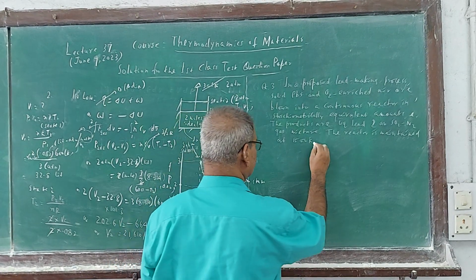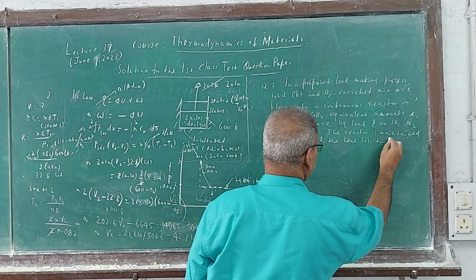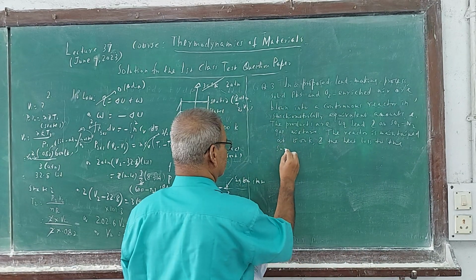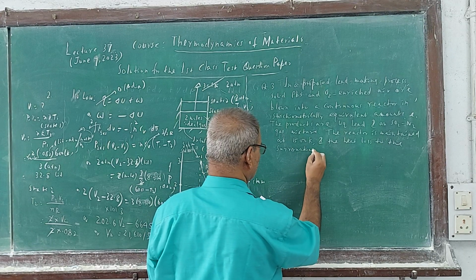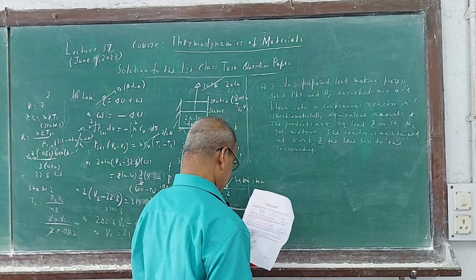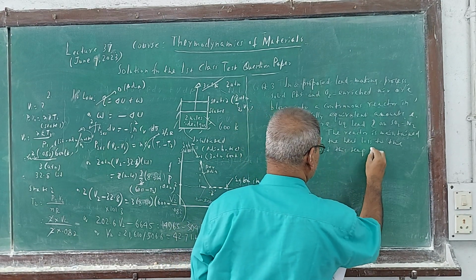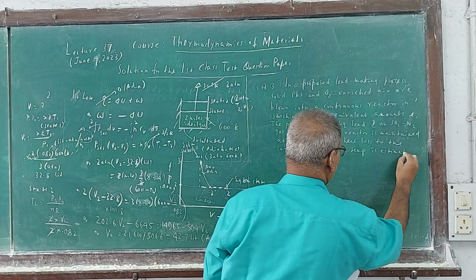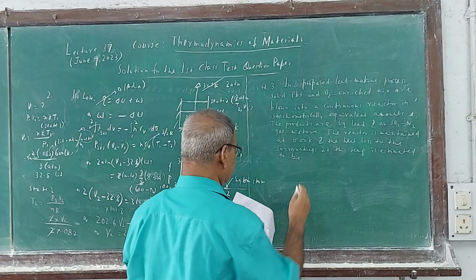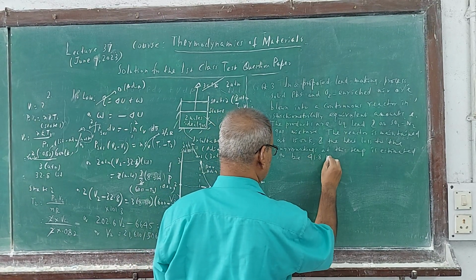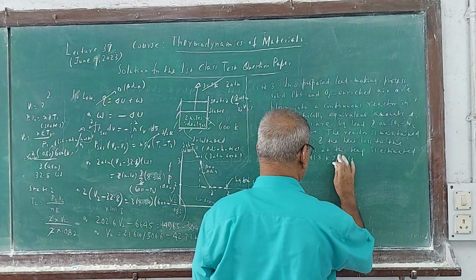And the heat loss to the surroundings at this temperature is estimated to be 41.8 kilojoule per mole of lead produced.